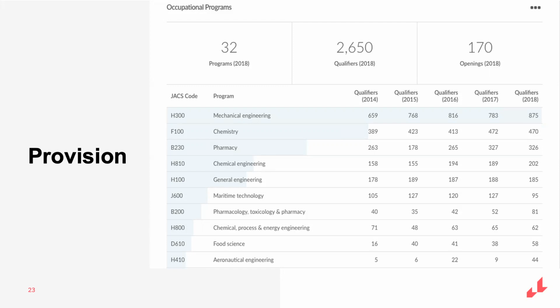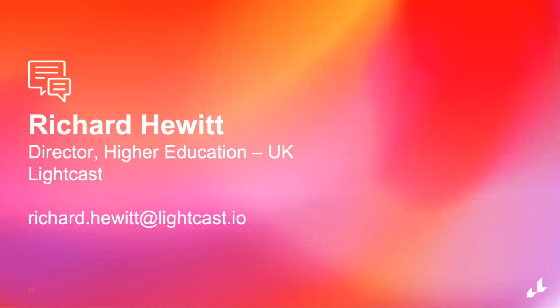And rather than JACS, we'll be using CAH3, which I imagine if you're listening to this, you're going to be familiar with. But connecting the labour market to education, it's always a challenge, and be it via skills data or occupation mapping, this is something that's a priority for both us and our clients, and it's something we're always innovating in and supporting our clients with. So that brings me to the end of the session.